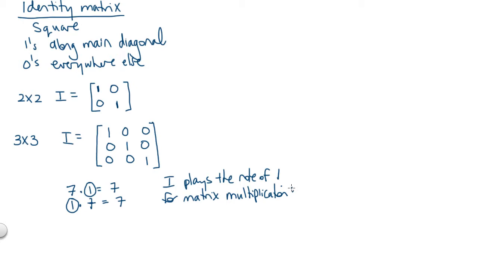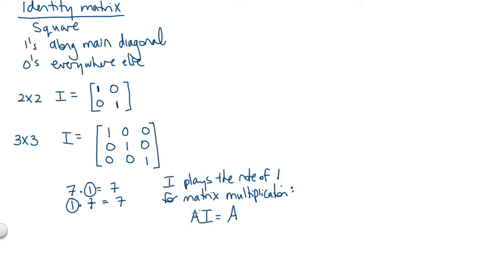So here's what we mean by that. If we take any matrix A and we multiply it by the matrix I, we just have to choose the appropriate I so that the sizes are compatible. We end up with the original matrix A. So sort of the same property as 1 had with the real numbers. Grab any real number, multiply it by 1, you get your original real number back.